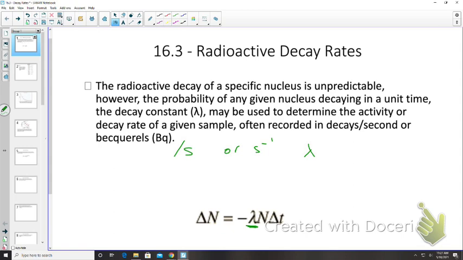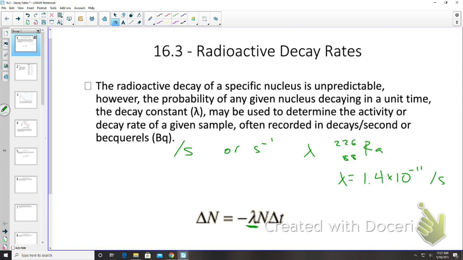So for radium, this has a decay constant equal to 1.4 times 10 to the negative 11 per second.